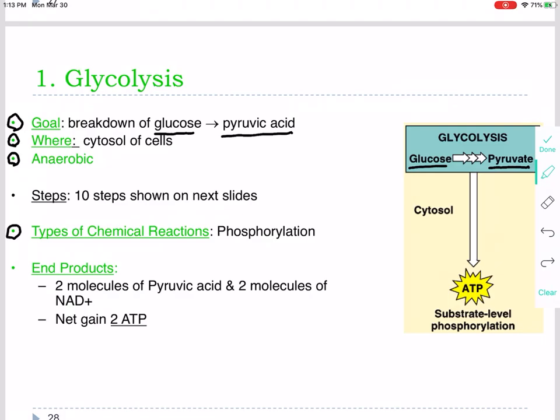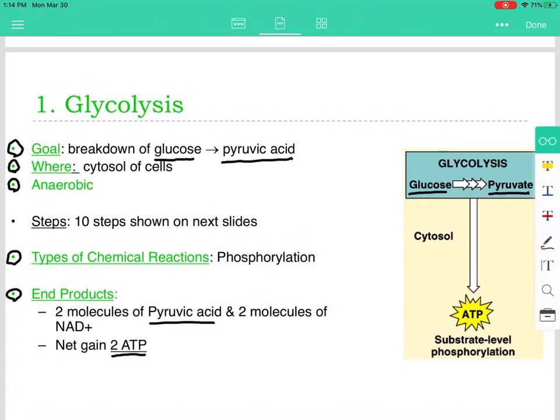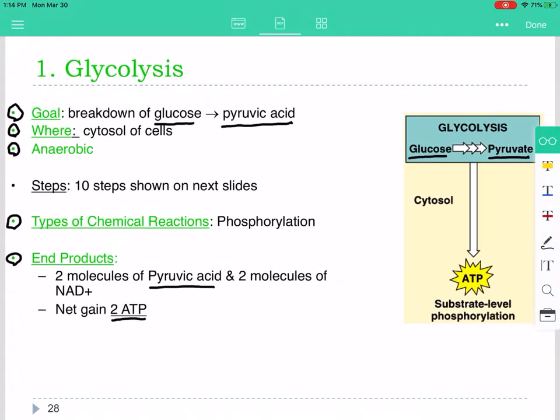Here it's called pyruvate. That's fine. Type of chemical reactions, we're going to be involving a lot of phosphorylation, which means to transfer and add a phosphate. And in addition to having an end product of pyruvic acid, we also have a net gain of 2 ATP.